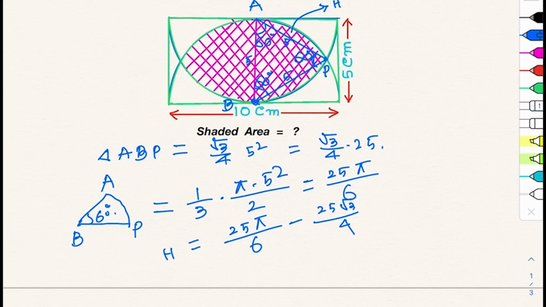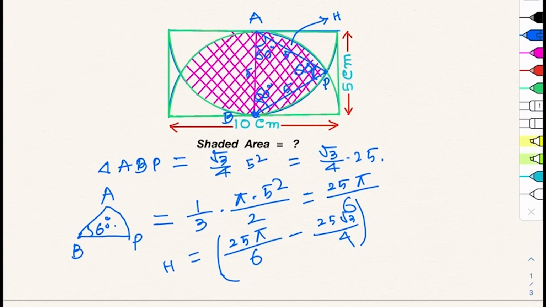So this is the area of the thin portion, that is H.